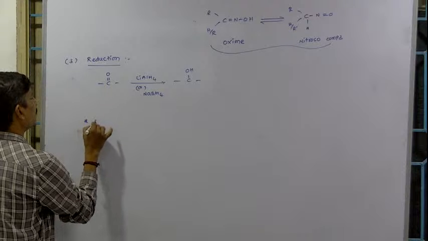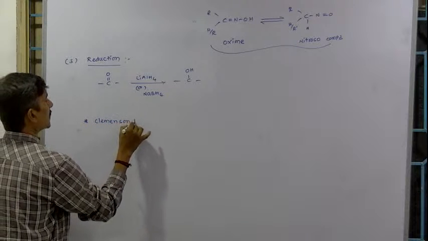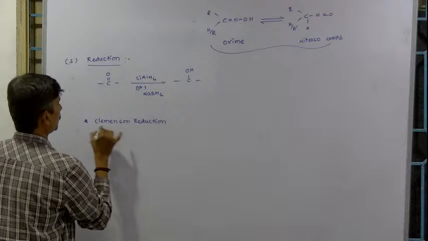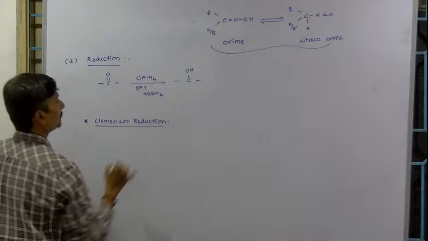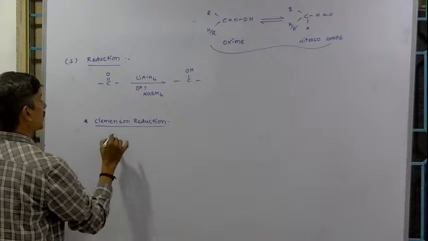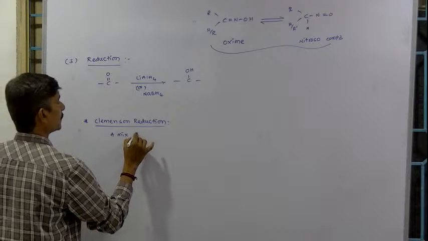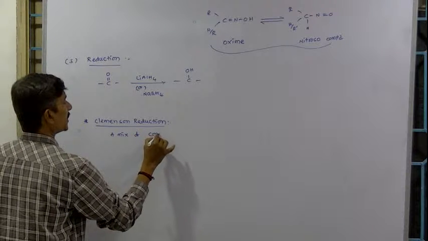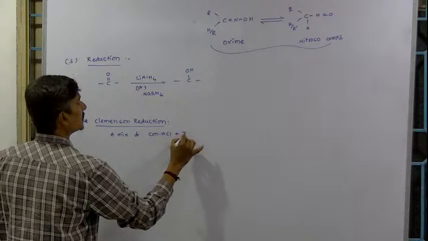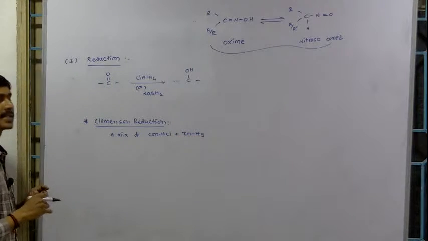Next, a name reaction, the Clemmensen reduction. We already discussed it in your first year. A mixture of concentrated hydrochloric acid and zinc amalgam is known as the Clemmensen reagent.